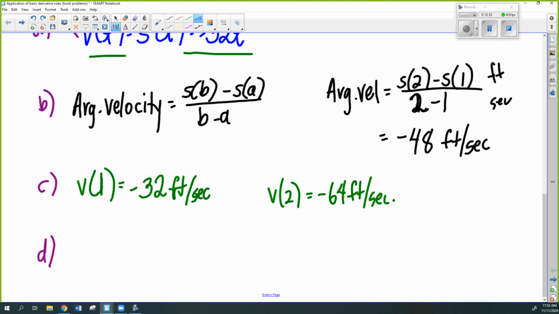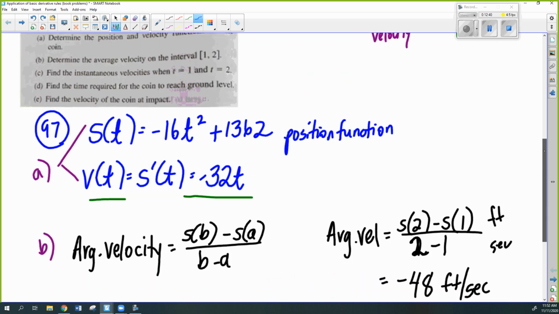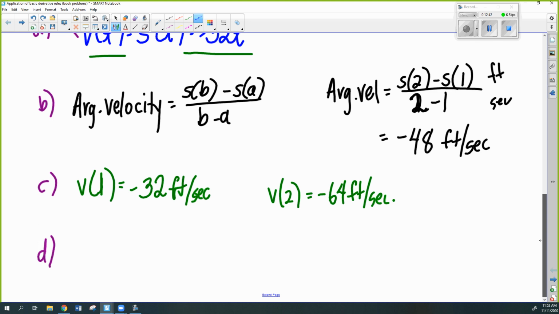So the whole idea of finding the time for the coin to reach the ground, we're finding the time when its position is the ground, but that means you're at zero distance, right? And so for D, we want to find when the position, s of t, is equal to 0.